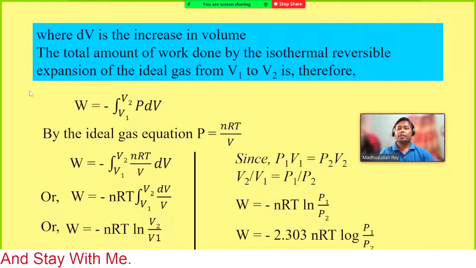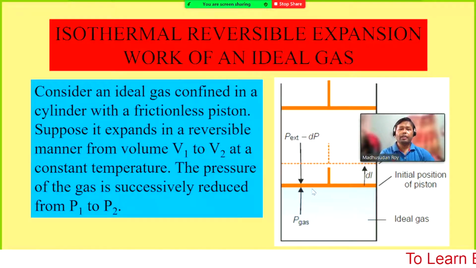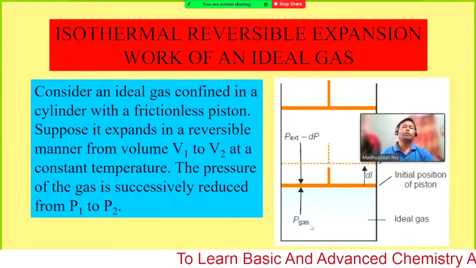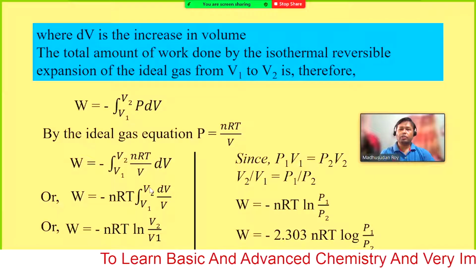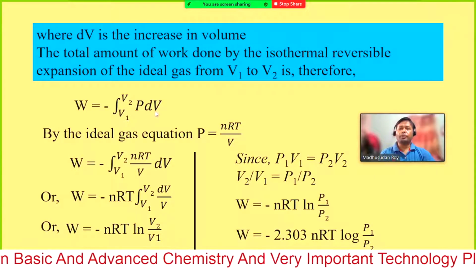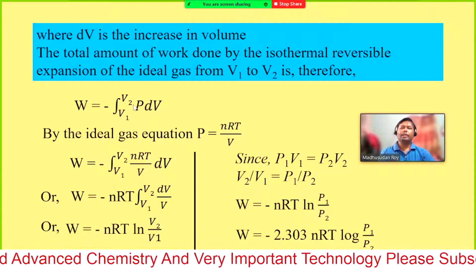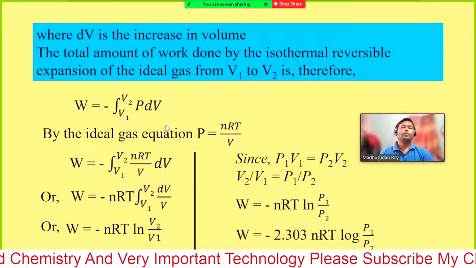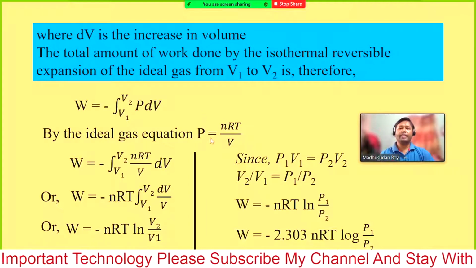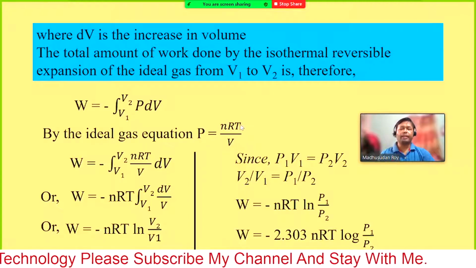So W equals minus integral from V1 to V2, because we are giving the negative sign because the gas is expanding, so the work is done by the system, therefore the sign would be negative. So the limit is V1 to V2 and P into dV is the function.